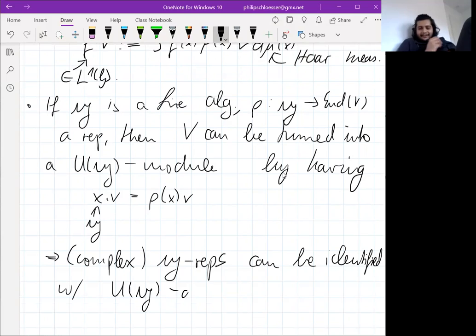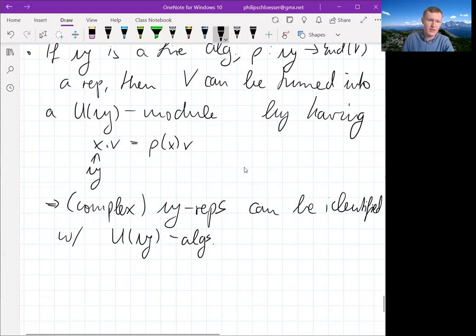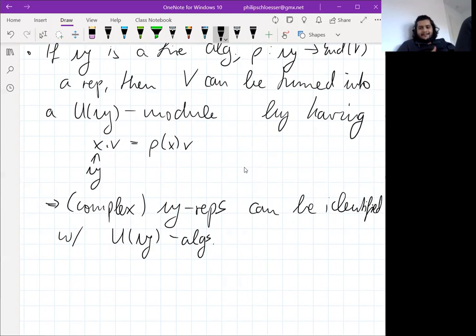Yeah, I actually still haven't understood the difference between a universal enveloping algebra and a Lie algebra. Okay, a Lie algebra is a vector space with a Lie bracket. Which is okay. Yeah, but like you can't multiply elements in a Lie group. Sorry, you mean tensor multiply?